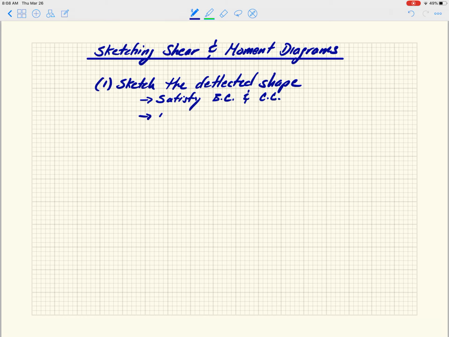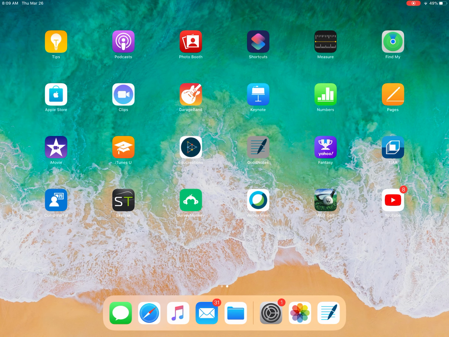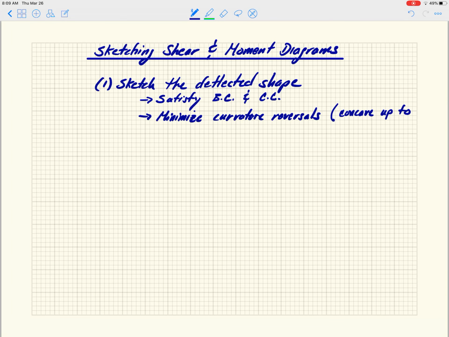And then the second one is that we want to minimize curvature reversals. And what we mean by curvature reversals is going from concave up, let's say, to concave down, or vice versa.